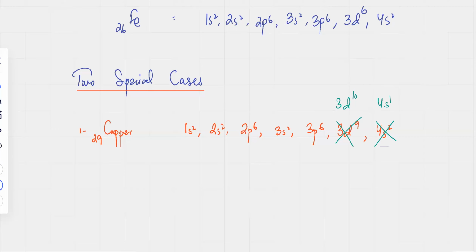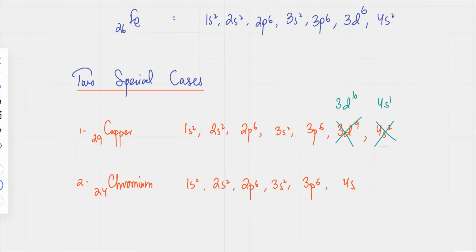And the same thing happens for chromium as well. Chromium has 24 electrons. So the electronic configuration would be 1s2, 2s2, 2p6, 3s2, 3p6.